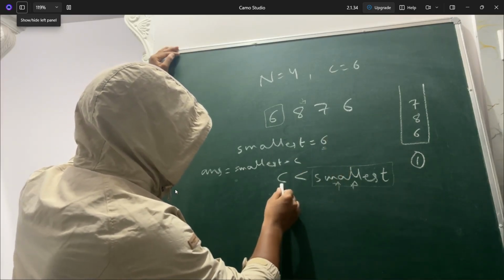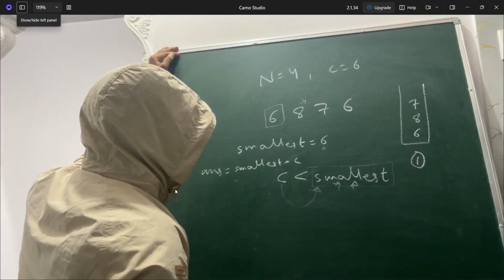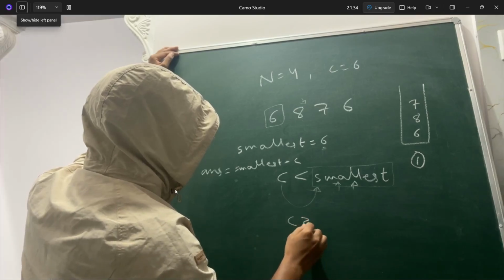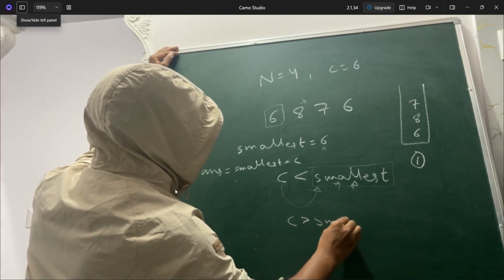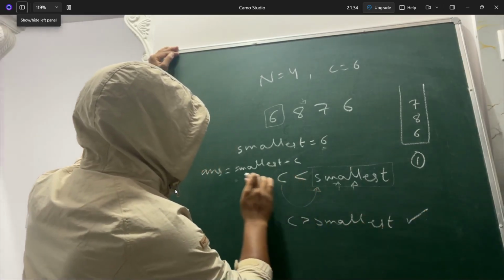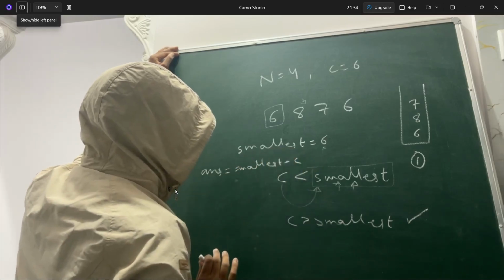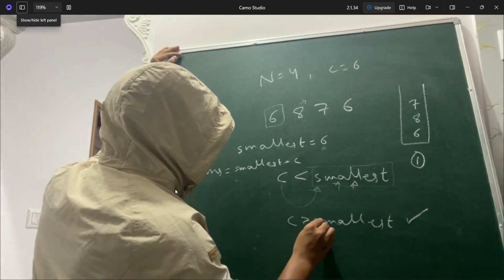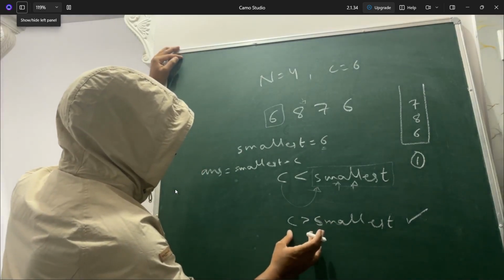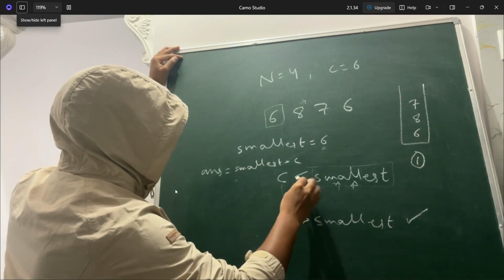Now I will be checking in the vector. Basically once it has come to the smallest number of cookies, when C is greater than smaller, the first condition is already met, so we don't have to add any cookies, right? So one more case, the equal to case, can be handled here only.